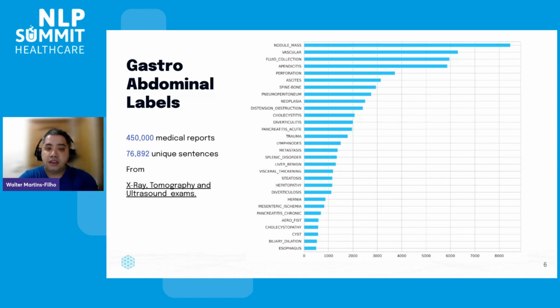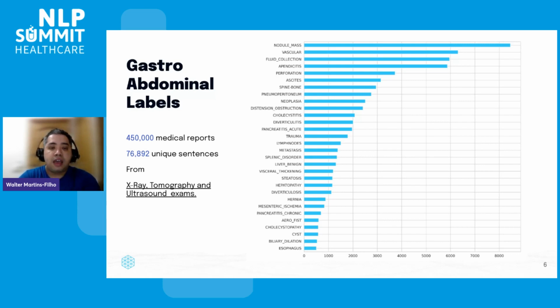The problem here is that not every class is balanced in the whole data set. The nodule or mass class is more relevant because we have several problems like cancer or maybe a little increase in a region of the stomach and intestines.